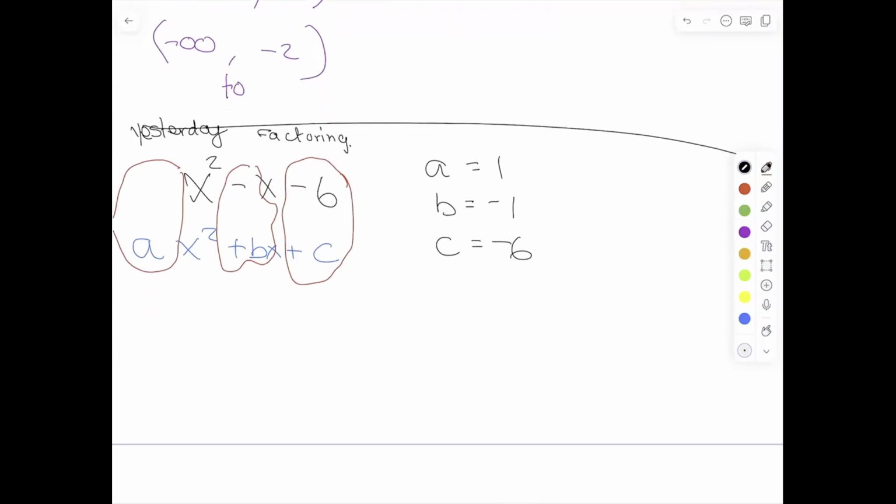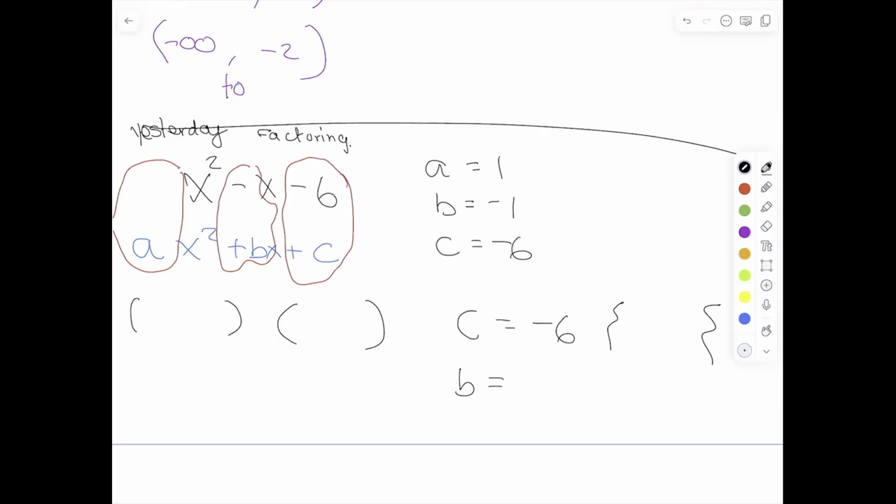So now, if I need to factor this and I need two terms, then C is equal to -6. What is 6 divisible by? We did this yesterday, people. It's in the notes.